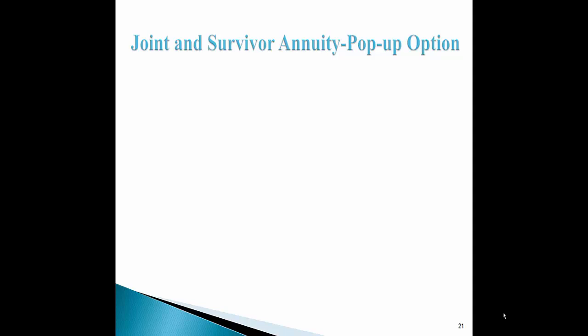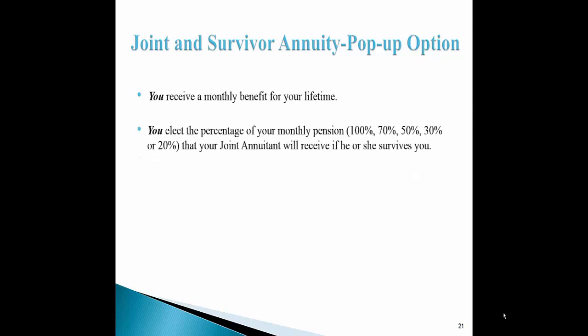Joint and Survivor annuity, pop-up option. The Joint and Survivor annuity with pop-up option is similar to the previous payment option where you receive a monthly benefit for your lifetime, and you elect the percentage of your monthly pension that your joint annuitant would receive if you die.